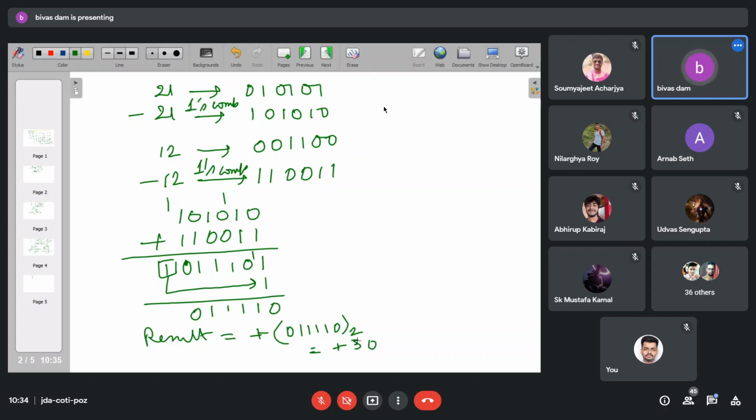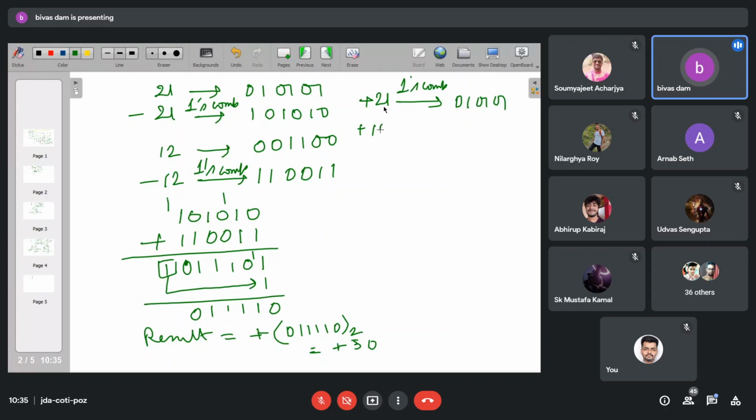What is the other one? What is the last combination of A and B? Sir, plus 6 and plus 12, it was done. Plus 12 and plus 21, isn't it? So plus 21's one's complement is the same: 0 1 0 1 0 1.